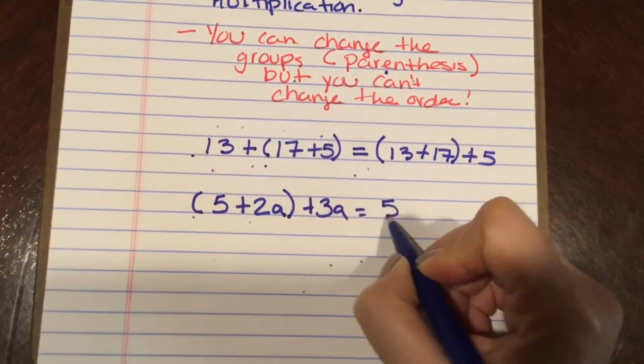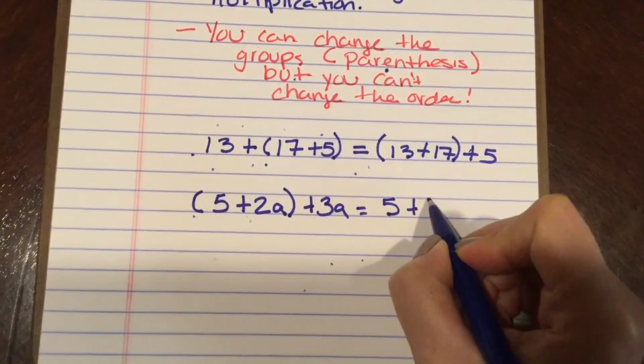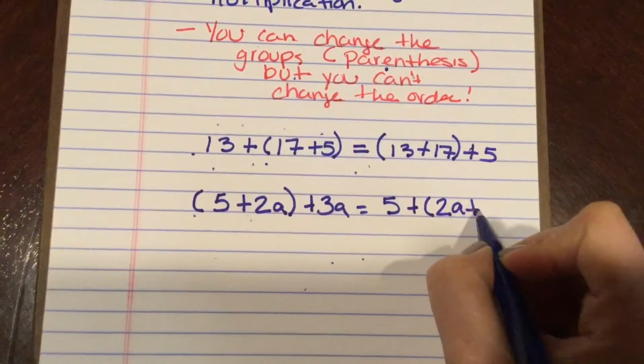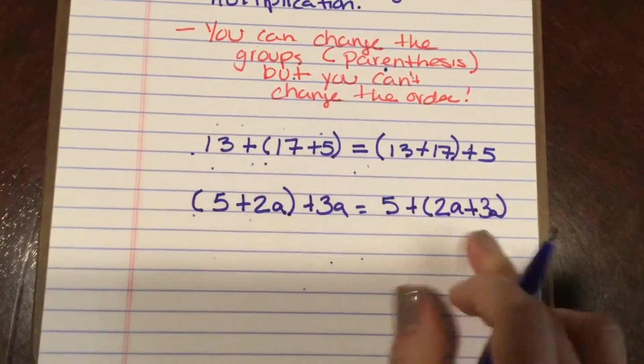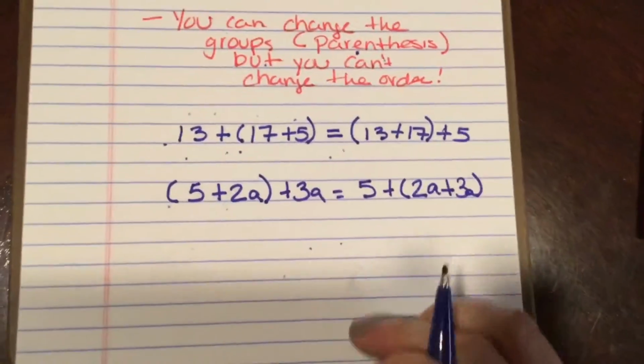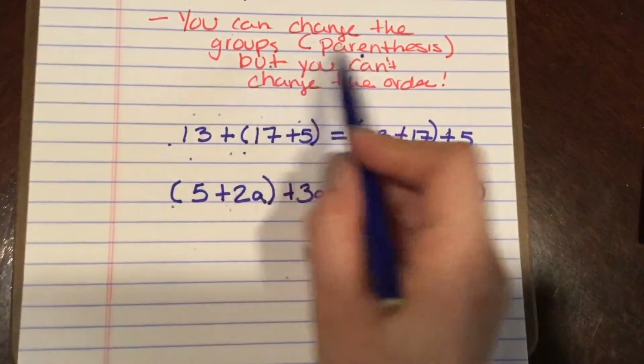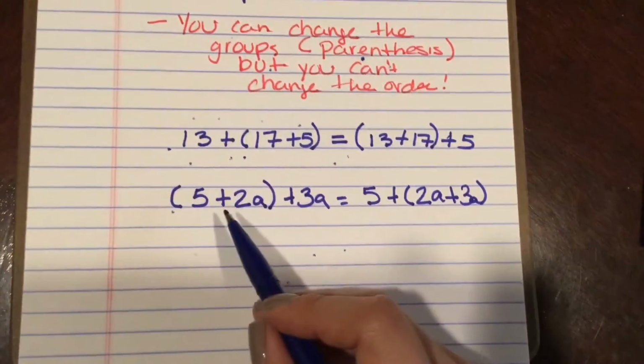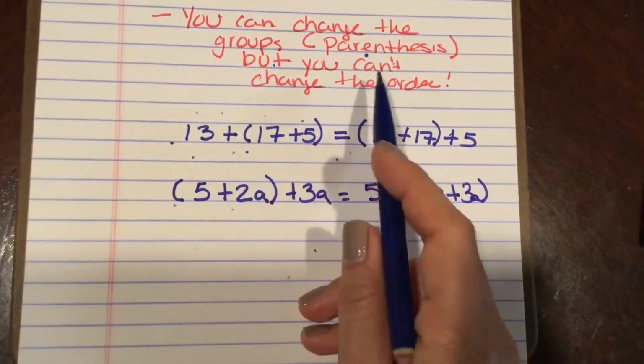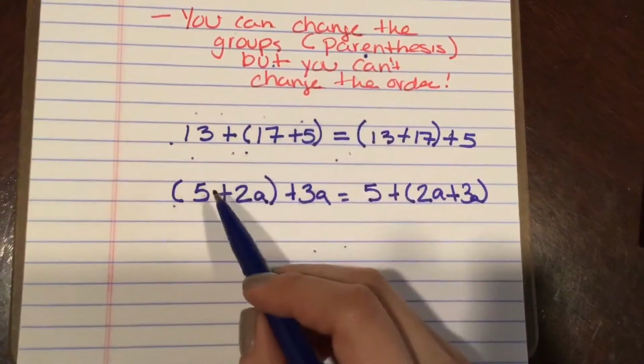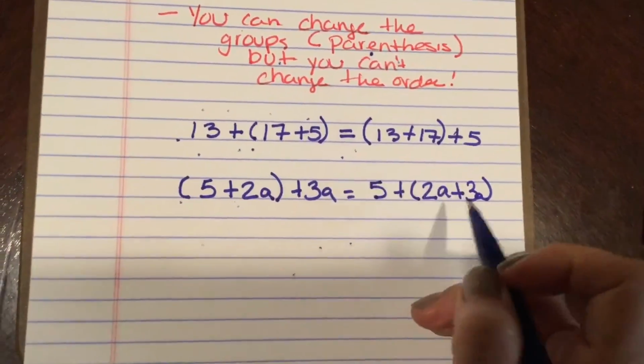Hopefully you said, or you wrote down 5 plus parentheses 2a plus 3a. Let's put all the a's together. I'm changing the groups, changing the parentheses, but not changing the order. Cannot change the order. 5, 2, 3, 5, 2, 3.